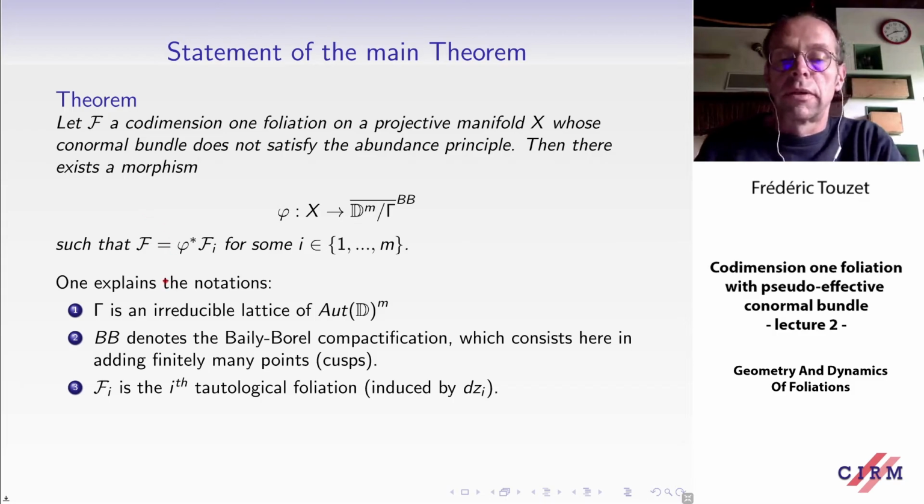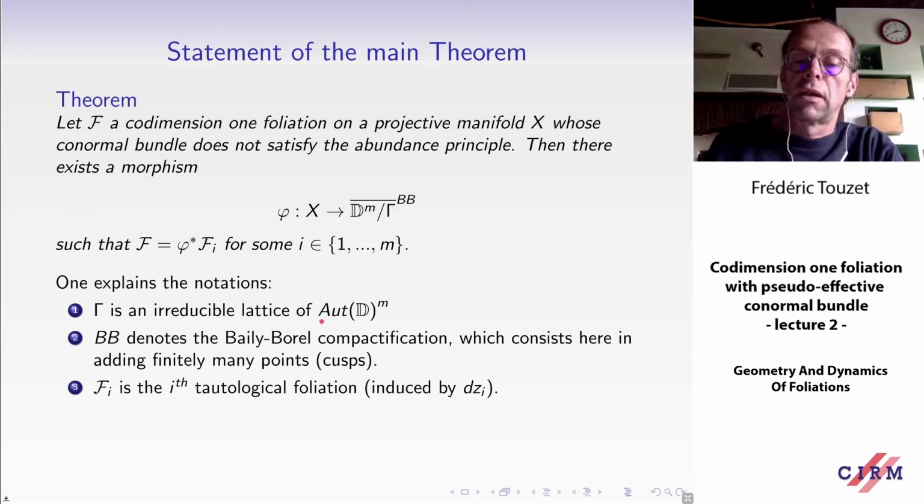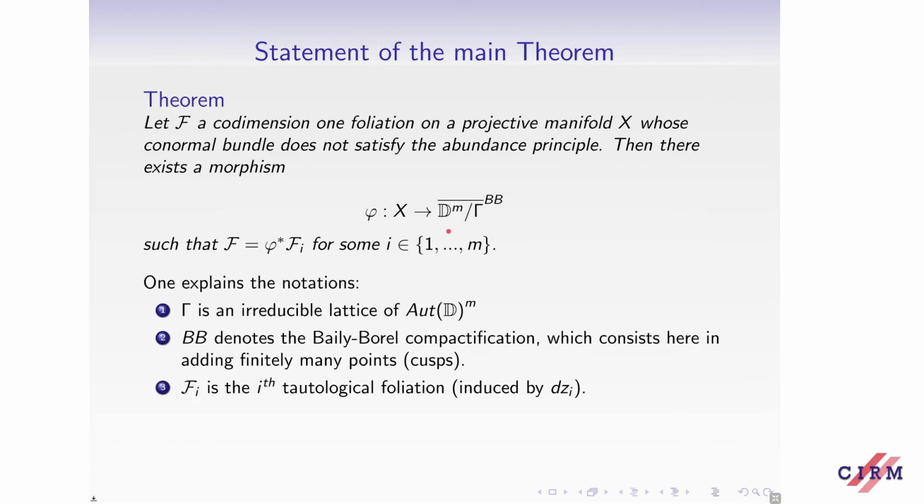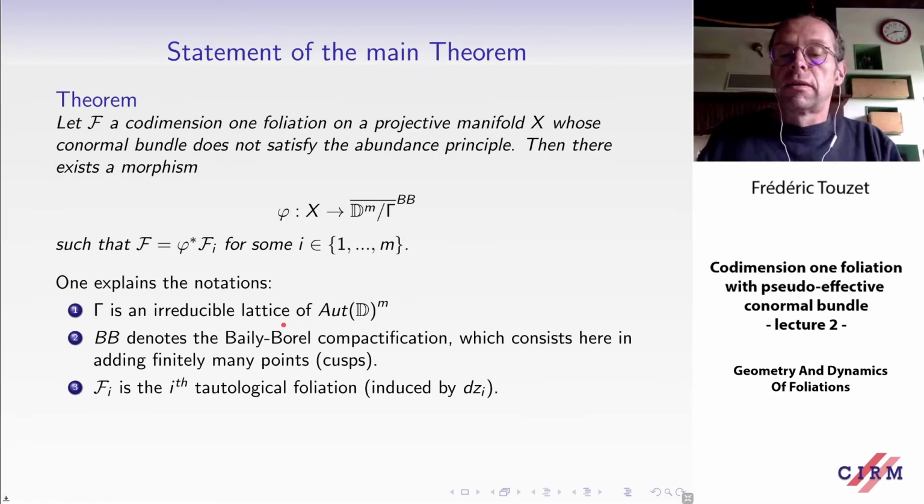So what are the notations? As I said, gamma is an irreducible lattice of the connected component of the identity of the automorphism group of the polydisc. And the superscript BB denotes the Baily-Borel compactification, which is a general construction for quotients of symmetric spaces. In this setting, this consists only in adding finitely many points, which are called cusps.